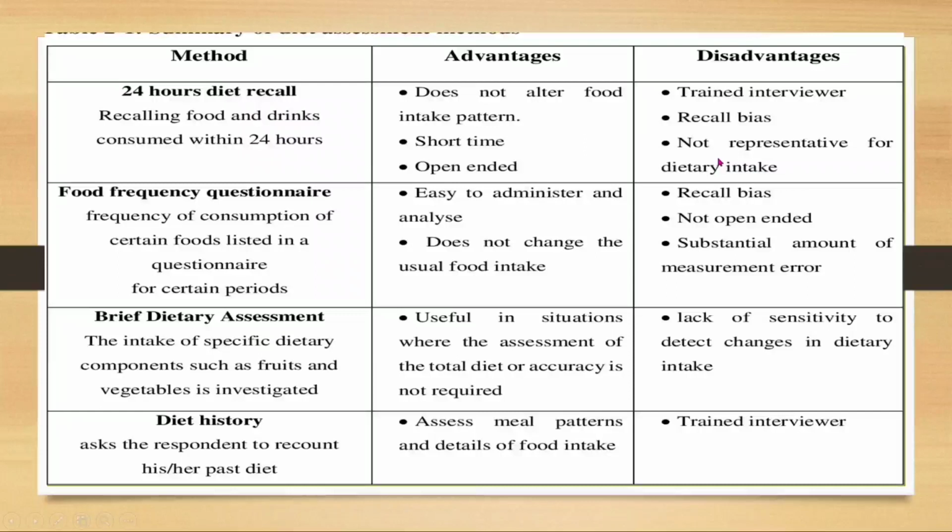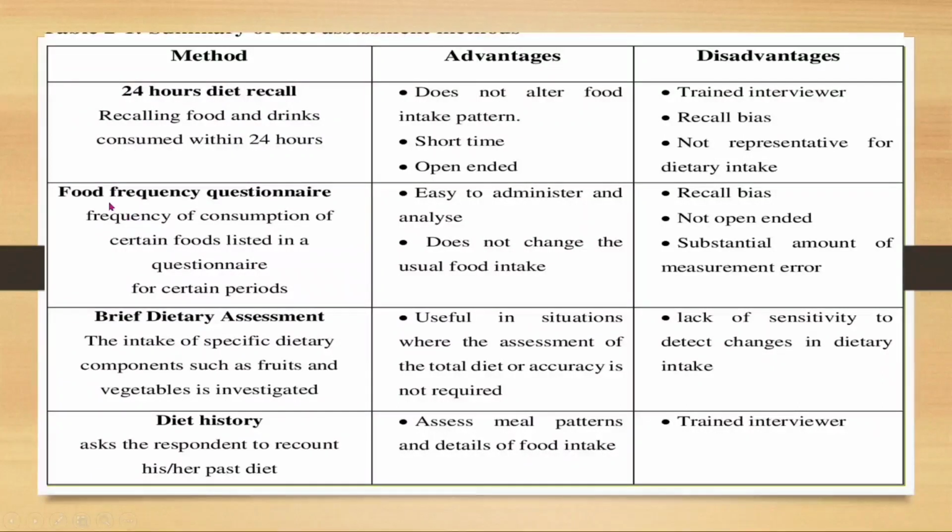It is also not representative of the patient's routine dietary intake. It could be on a festival day, when the patient might have taken more sweets or other carbohydrate food, which contradicts the usual pattern.